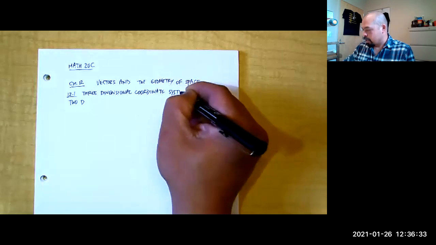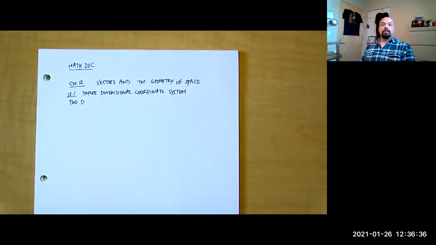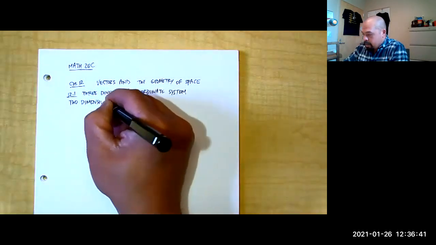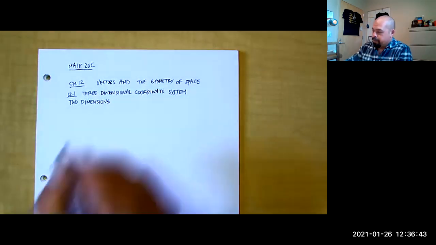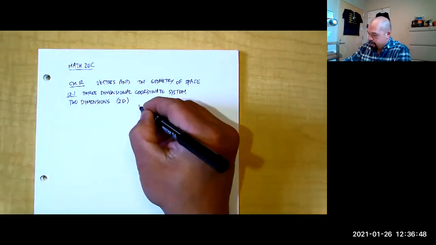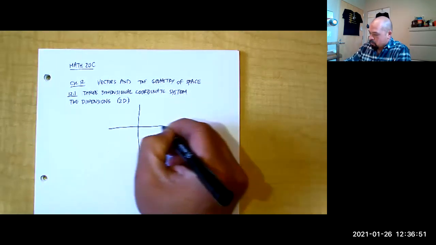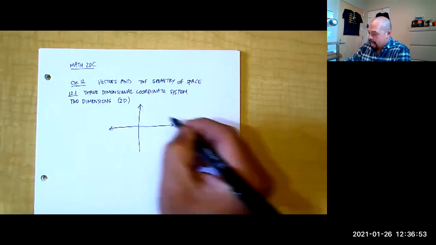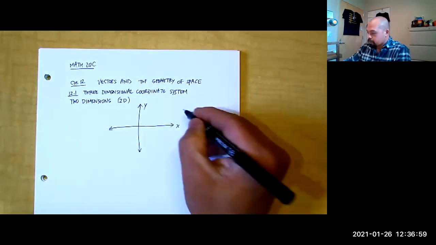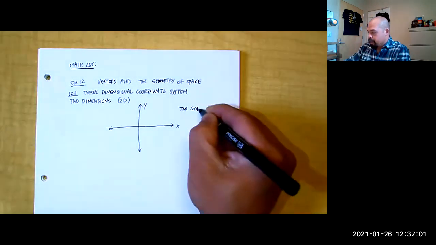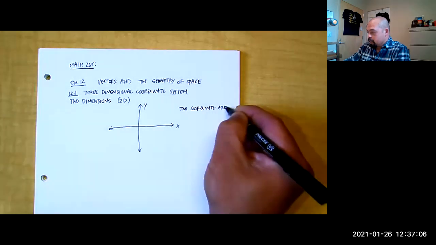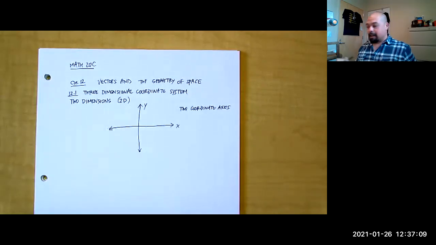The Cartesian or rectangular coordinate system first, but in 2 dimensions, in 2D. Some of this notation here, we know we have our 2 axes, the x and y, our 2 coordinate axes, these 2 number lines that we intersect at a right angle.